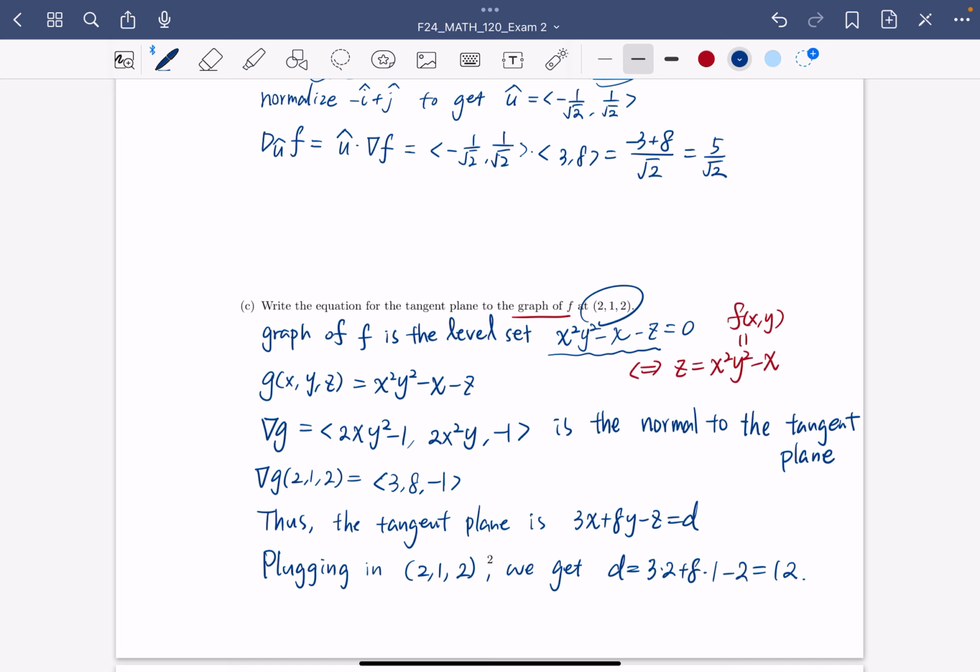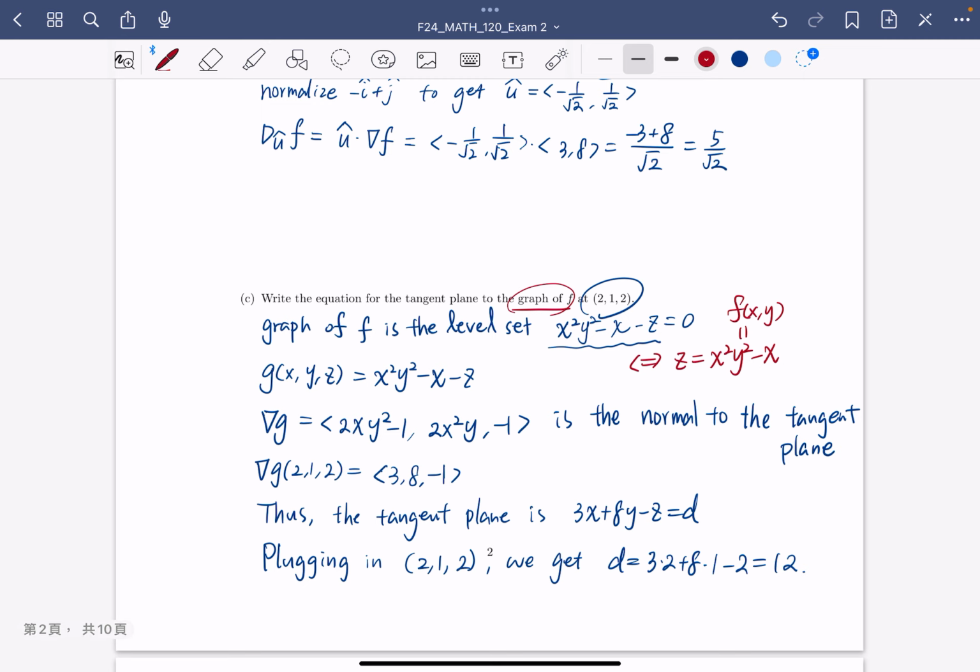Okay, so we have to understand every concept mentioned here. The graph of f, we know is z equals f of x, y here, and this can be understood as the level set when your value is 0.